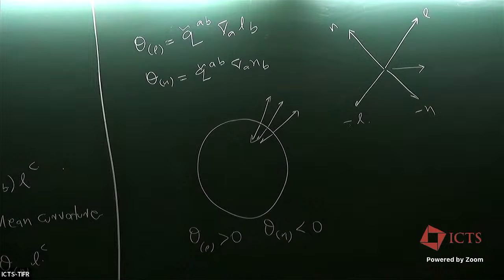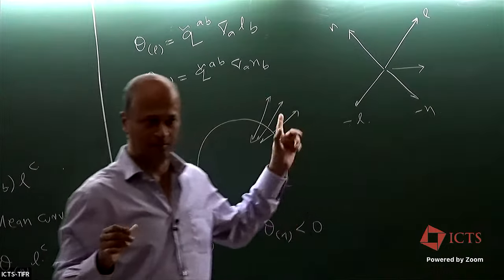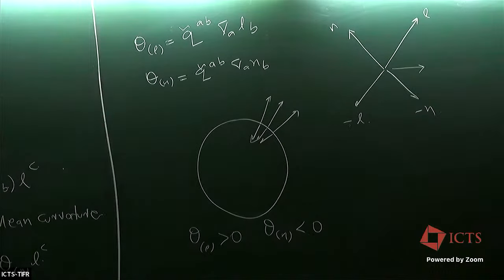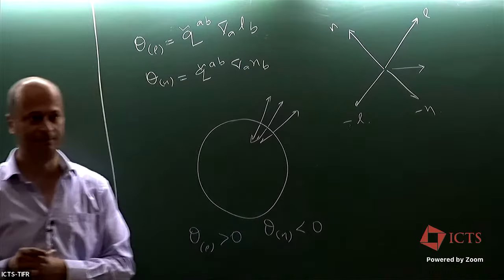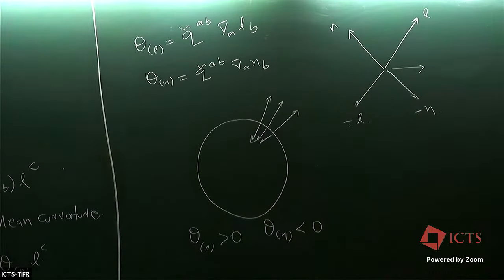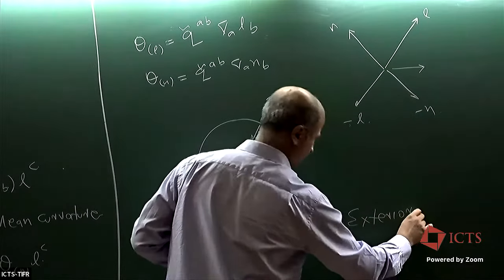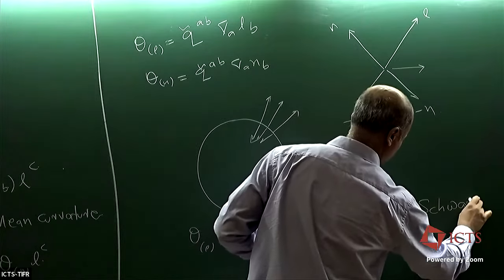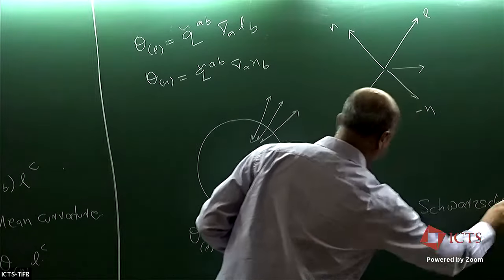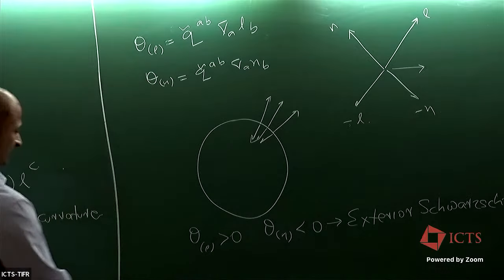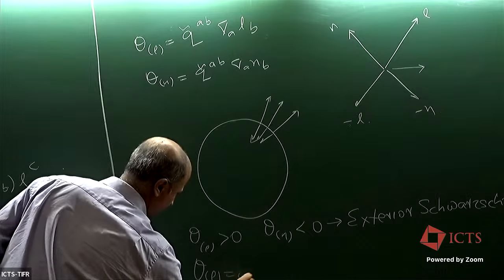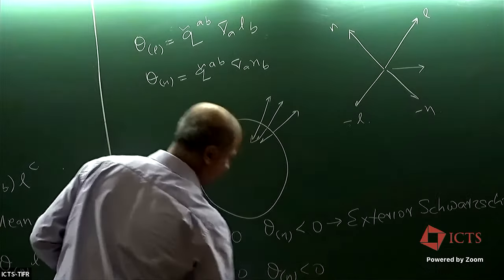And like we did the calculation yesterday, if you do the expansions for the usual 2-spheres in the Schwarzschild case, in the exterior region, again, this is true. It is true that this is positive and this is negative. But you found that at the horizon, theta L was 0 and theta N was still negative, right?